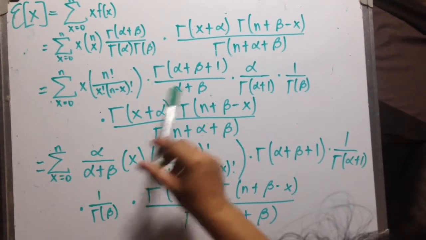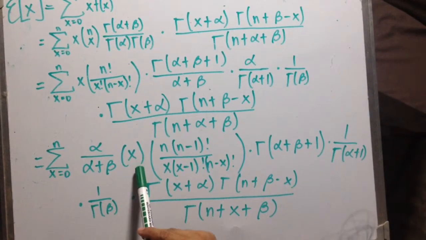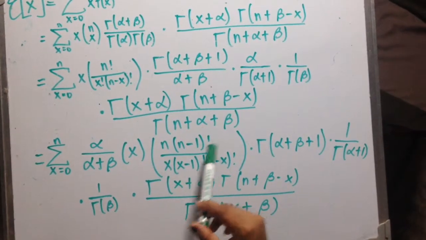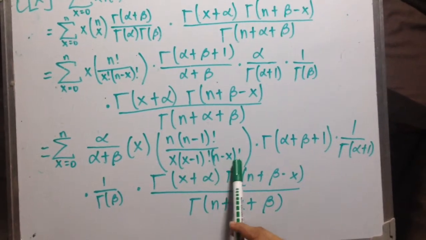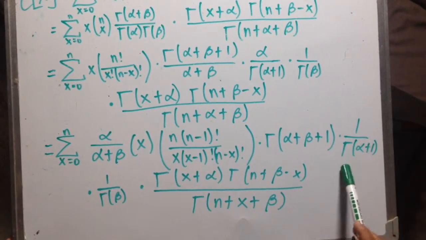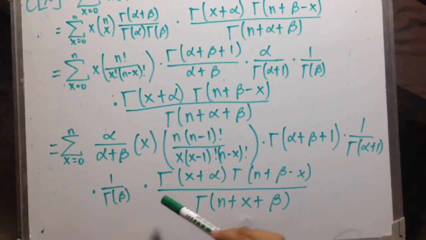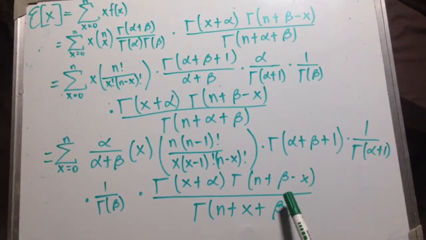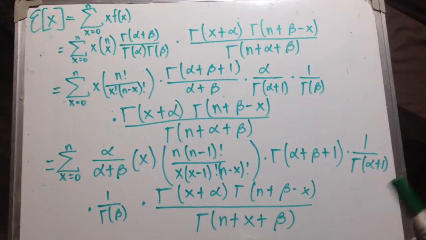So we're just going to simplify times x, then the n times n minus 1 factorial over x times x minus 1 factorial times n minus x factorial times the gamma of alpha plus beta plus 1 times 1 over the gamma of alpha plus 1 times 1 over the gamma of beta times the gamma of x plus alpha times the gamma of n plus beta minus x over the gamma of n plus alpha plus beta.